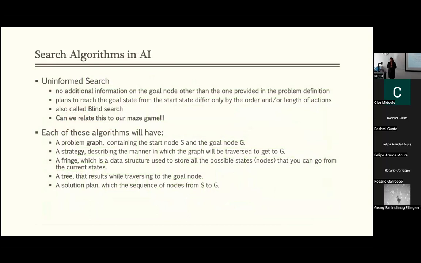For example, if we want to go to Copenhagen, Denmark from Oslo. So I just want to give you the problem statement. Okay, I want to go to Copenhagen from Oslo. That's all I have.